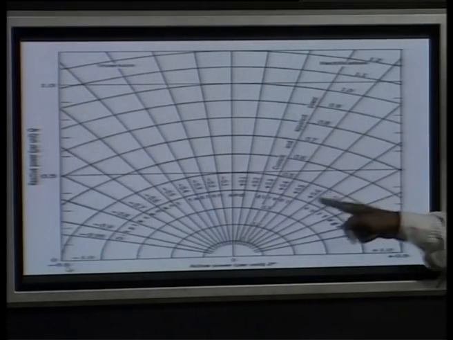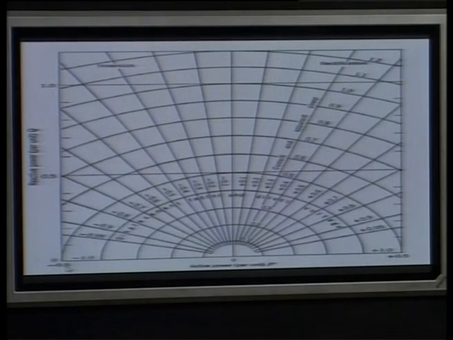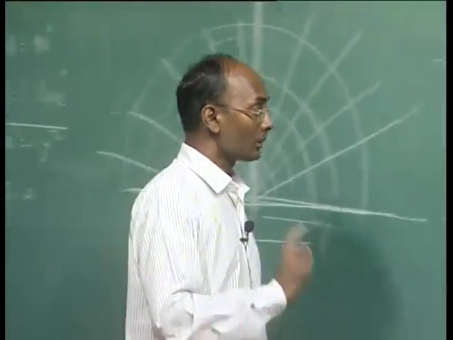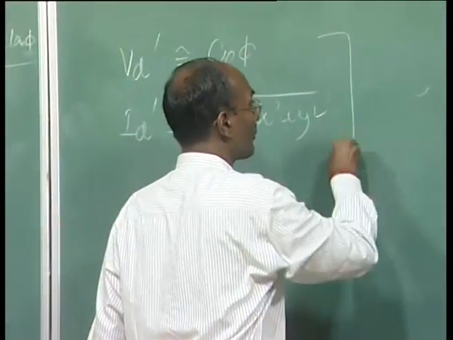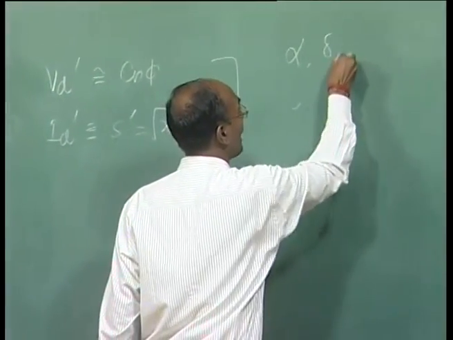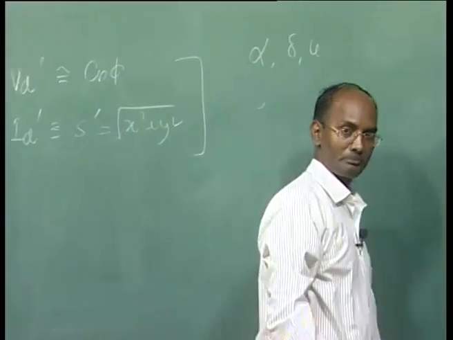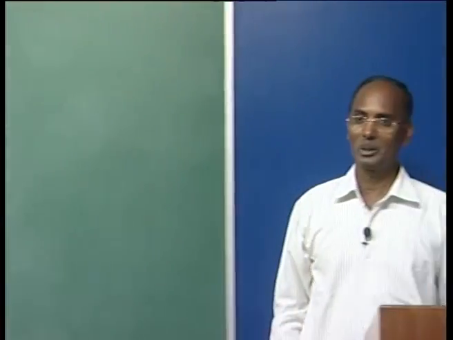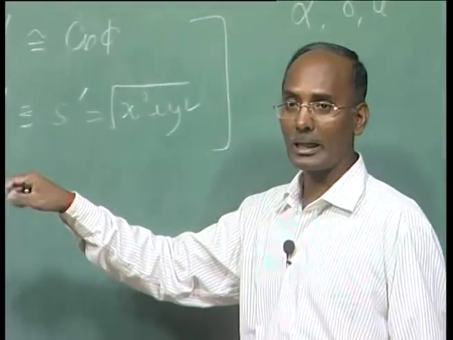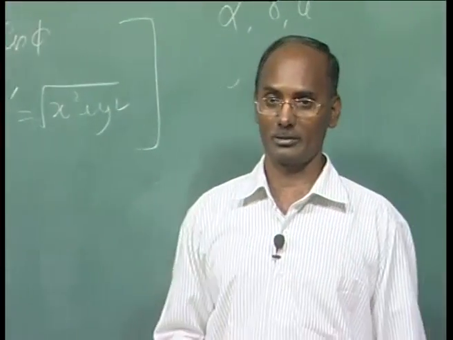Here this straight line is basically apparent power, and you can see we have just derived it. The major problem comes if we go for the alpha, delta and U characteristic, because converting U in terms of power and apparent power is very complex. Let us see here.